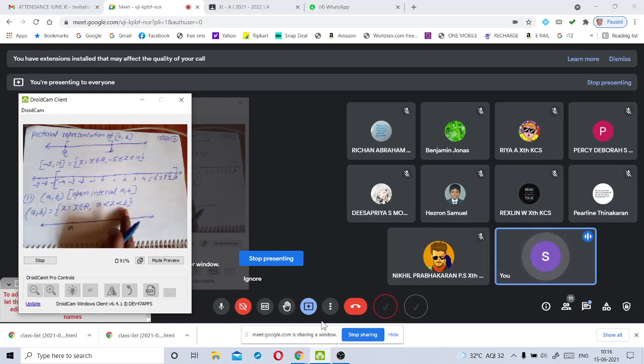Since these two numbers are not included, a small circle denotes that the two numbers are not included in that interval. Small bracket here, also small bracket. Whatever brackets we use, we write the same small brackets at A and B.